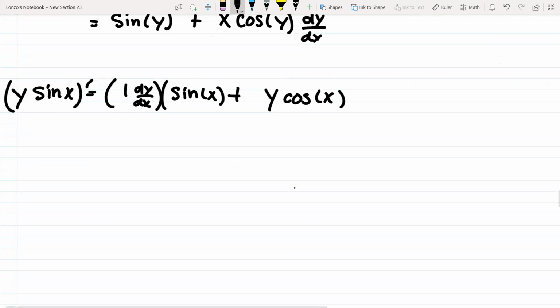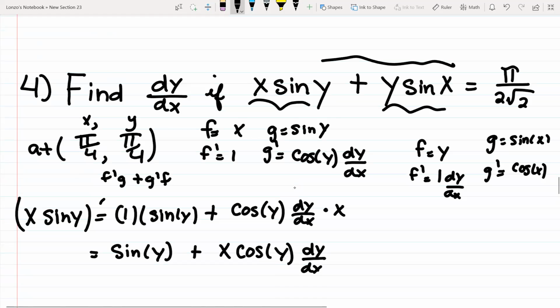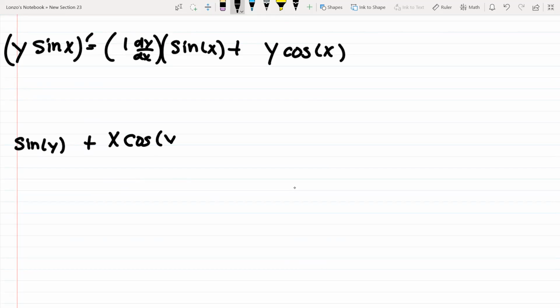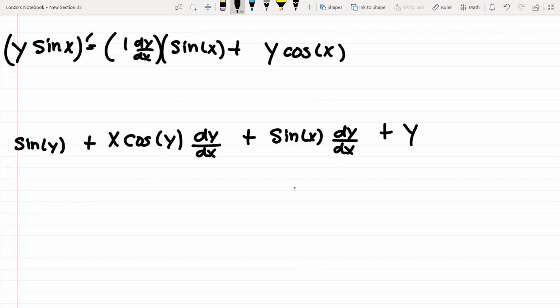Okay, so on this side, when you take the derivative of this, it would turn out to be sine y plus x cosine of y dy over dx plus sine of x dy over dx plus y cosine of x.